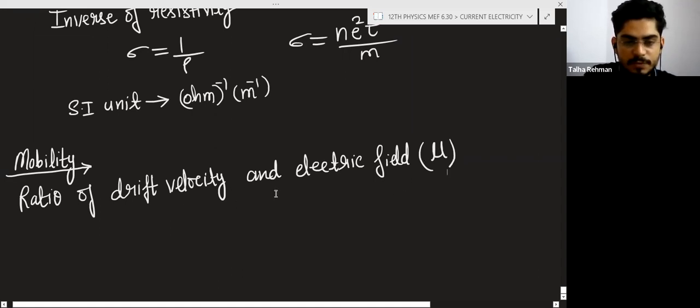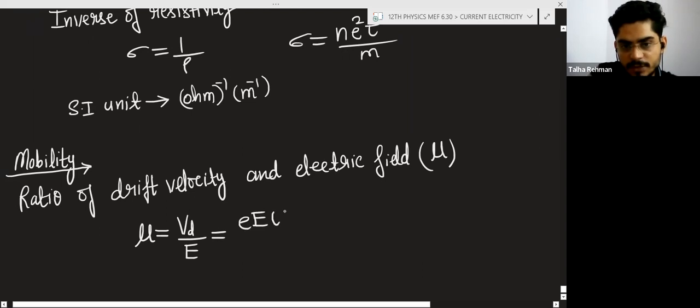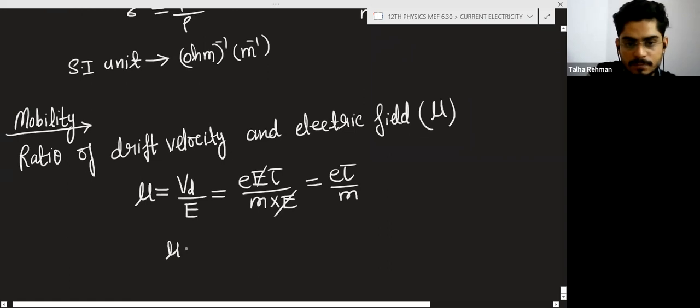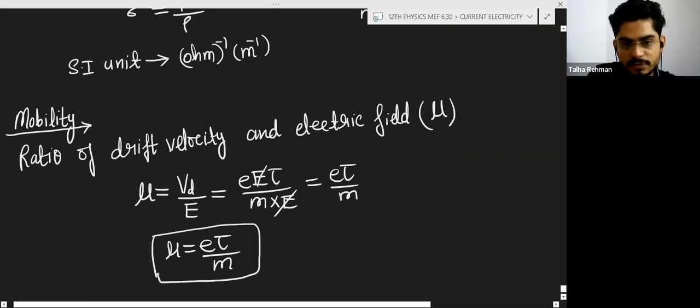Drift velocity is e into electric field into tau by m, divided by the electric field; the electric field cancels out, so you get e tau by m. So mobility is e into relaxation time divided by m, the mass of the electron.